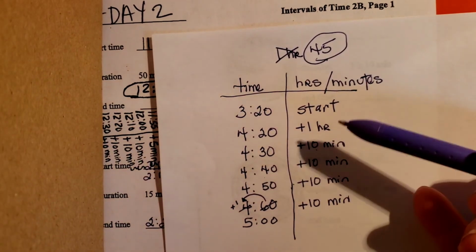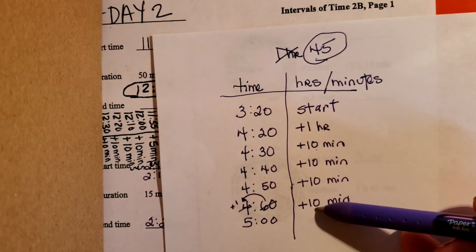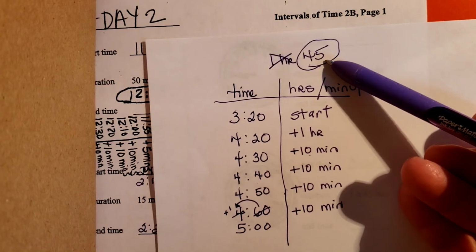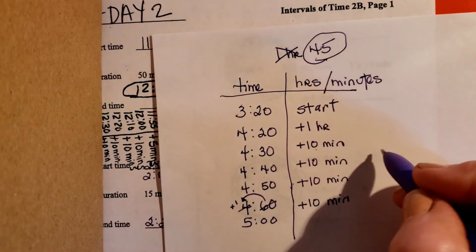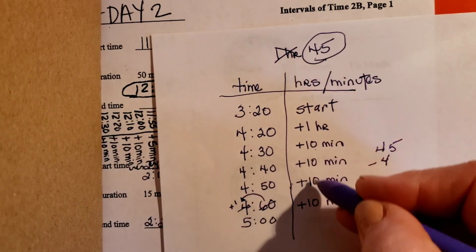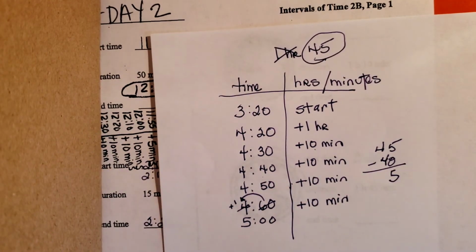So now let's see. I did an hour. Good. 10, 20, 30, 40. Oh, but I need 45. How many more minutes do I need? 5. 45 minutes that I need minus the 40 minutes I already added means I still need 5 more minutes.